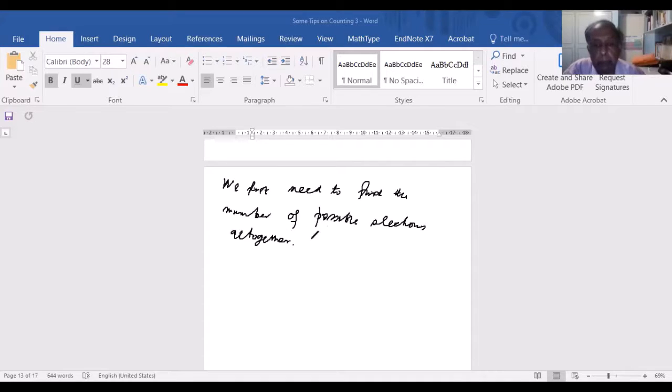Now remember, we need to choose 6 numbers from 50 numbers. So we need to know how many ways this can be done, and we have actually done this. The way to do this is to choose 6 from 50 numbers.